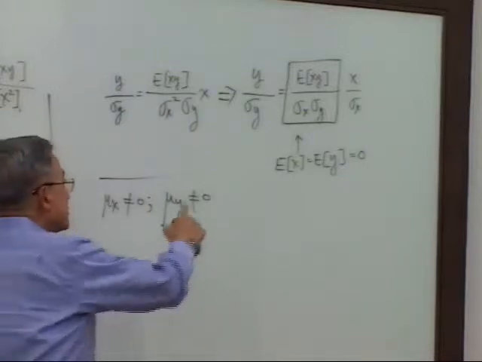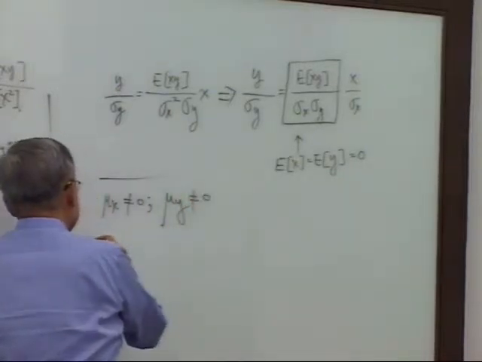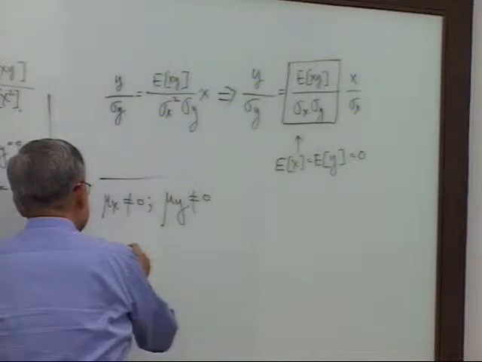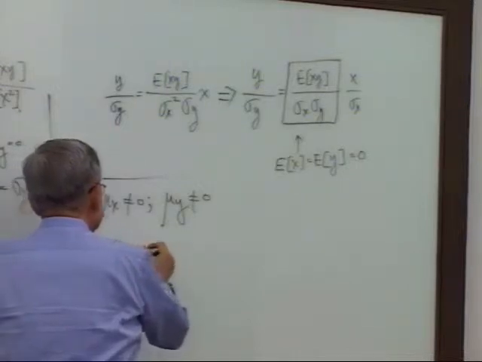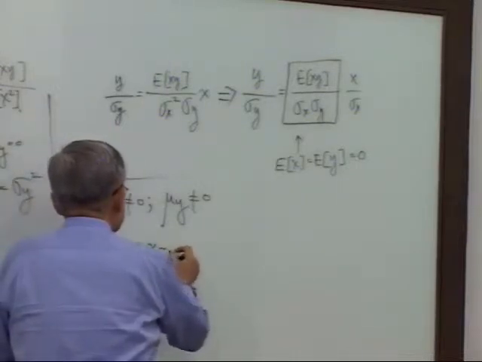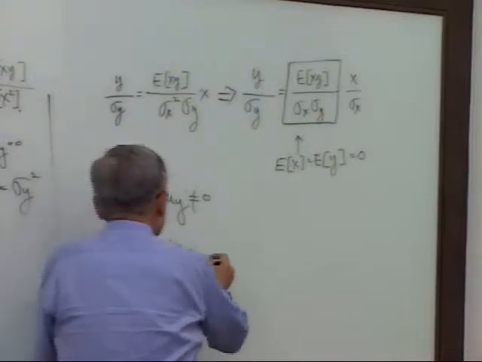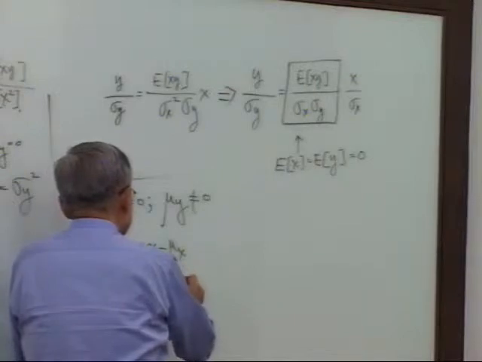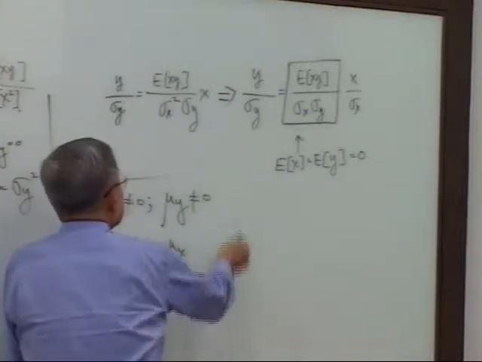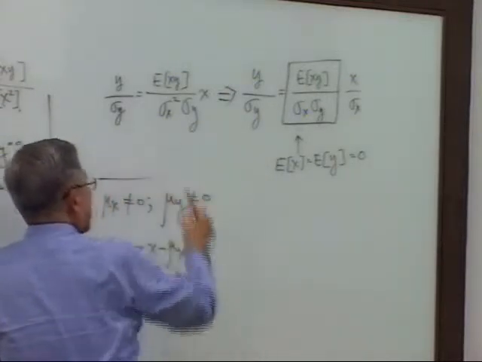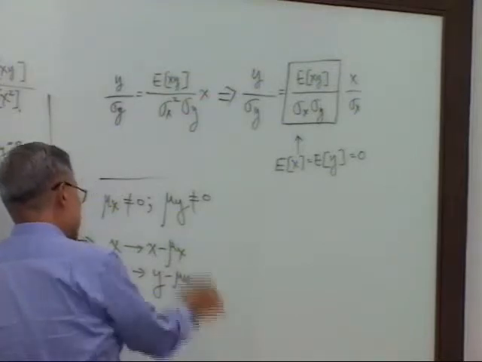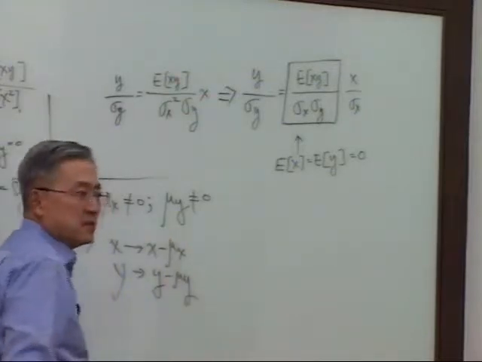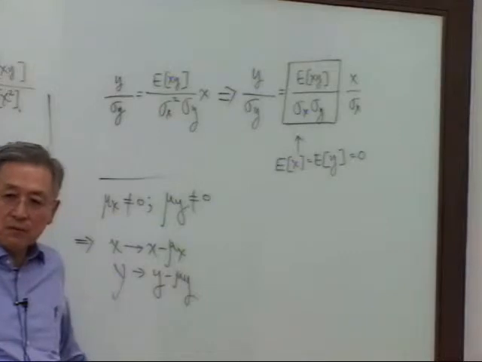Then all you have to do from this equation set is replace x with x minus mu x, and also replace y with y minus mu y. Then that's the situation for non-zero mean.